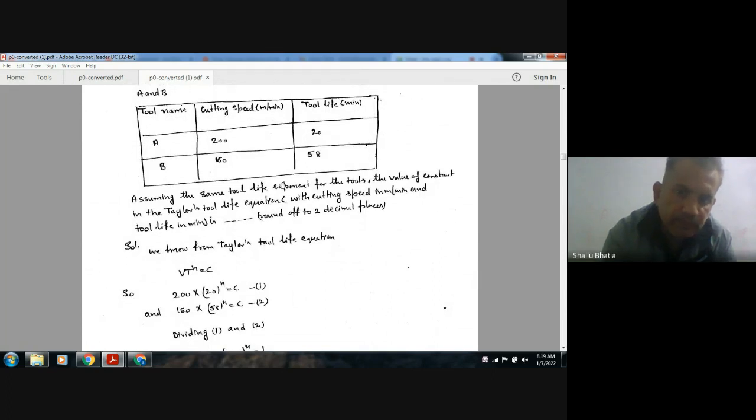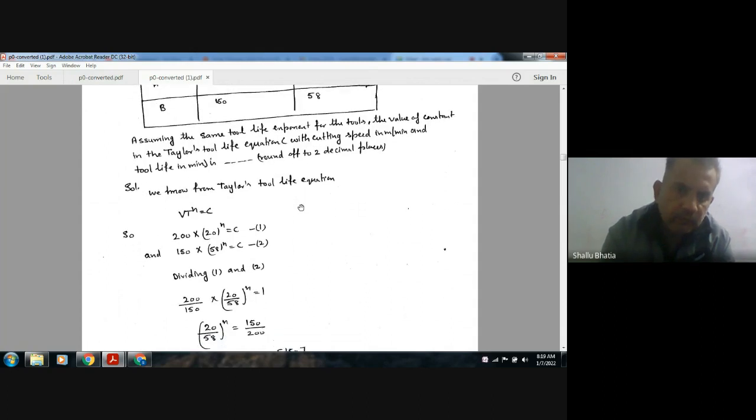For the same tool life exponent, the value of the exponent is the same and the value of the constant is the same for both tools.